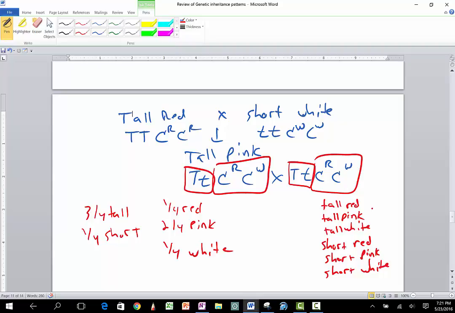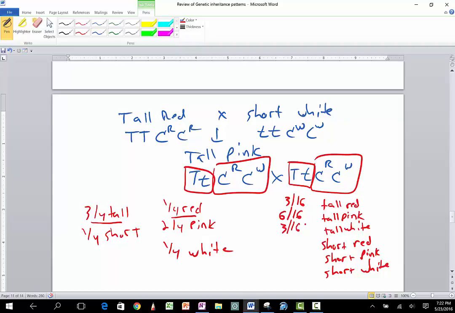So red, pink, and white are still going to go 1 to 2 to 1 in each of these cases, and tall are going to go 3/4 to 1/4. So tall red is 3/4 times 1/4, which is 3/16. Tall pink is 3/4 times 2/4, which is 6/16. Tall white is 3 times 1, which is 3/16.